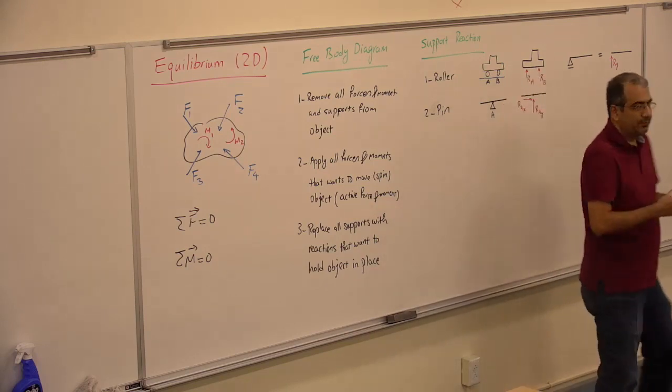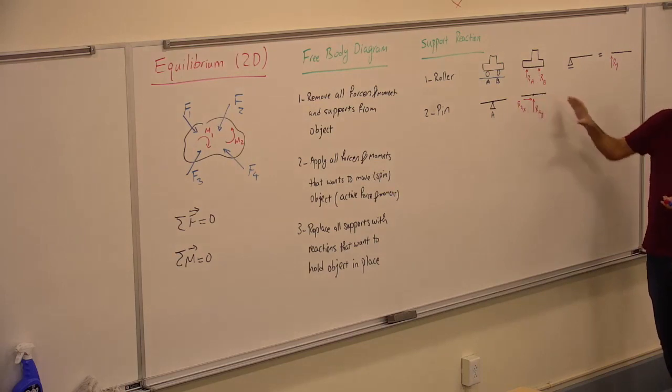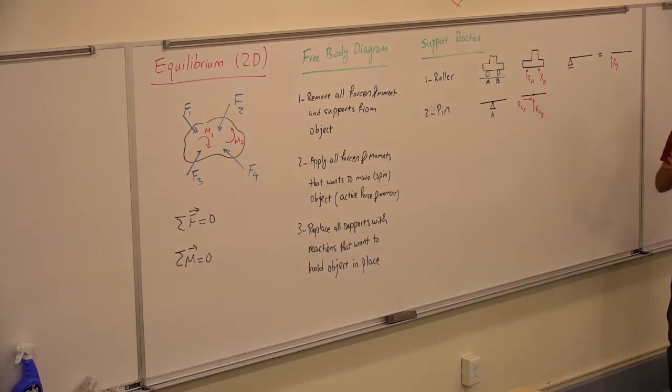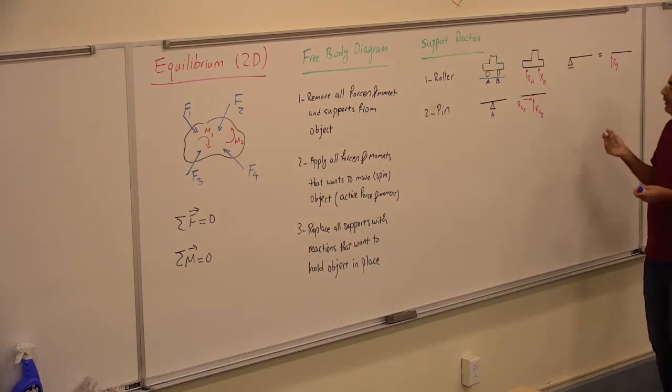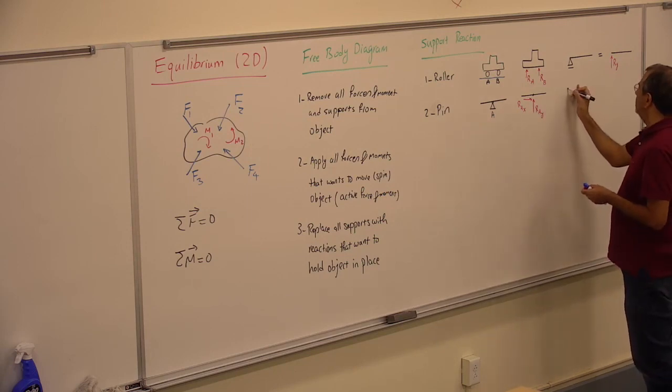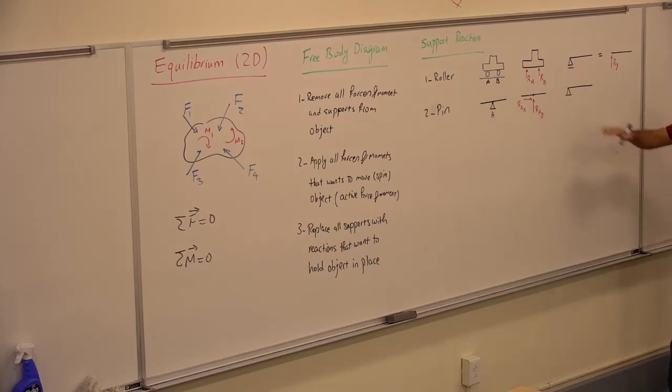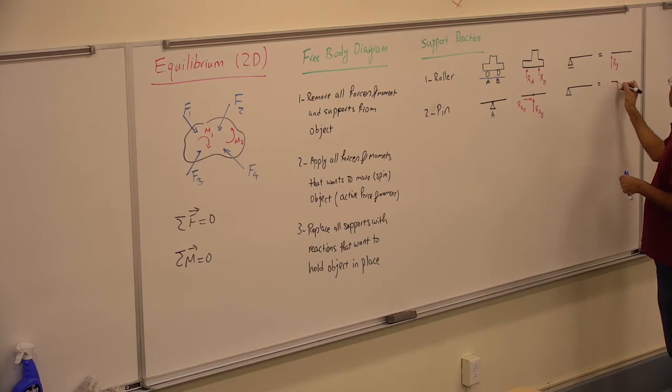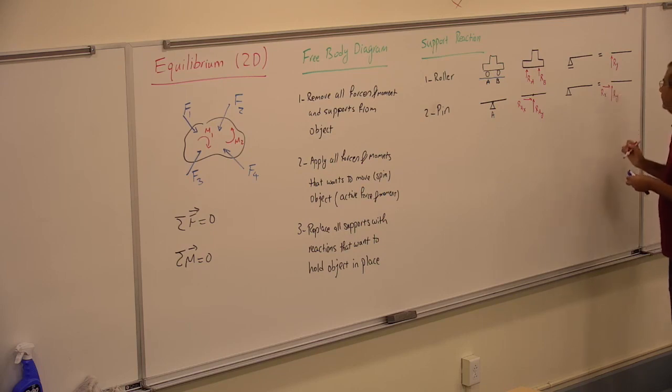So why do I replace it with two? Because I want to make sure it doesn't move to the left or right, or up and down. How is it represented? It's represented with a single triangle, no line beneath it. And it's going to be equal to one Ry and one Rx to prevent them from their motion.